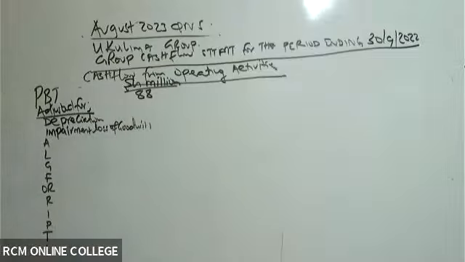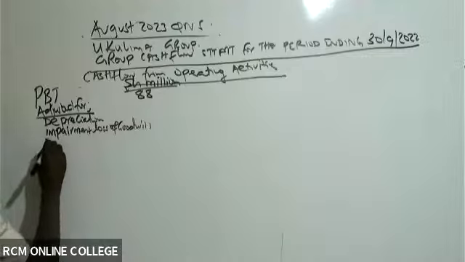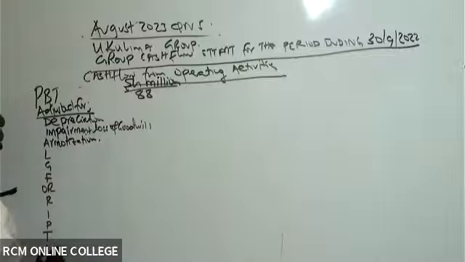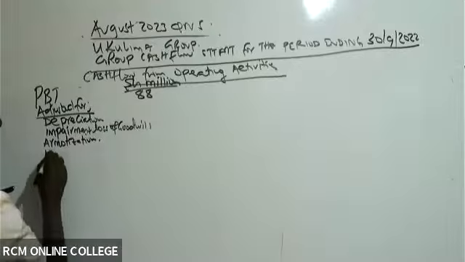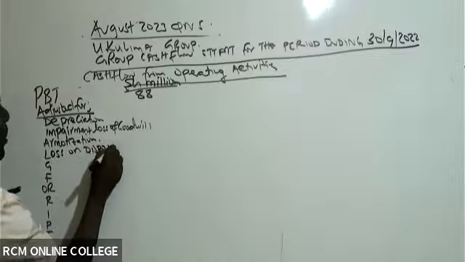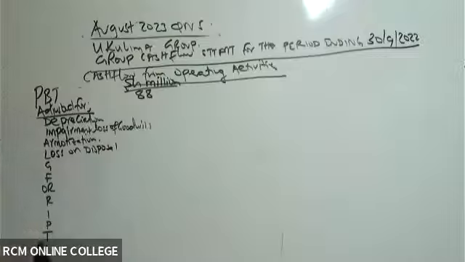It's only for goodwill. We have amortization here. Here we have loss on disposal. Anything you dispose of, it could be a PPE item, or it could be a subsidiary disposed of at a loss. So loss on disposal.